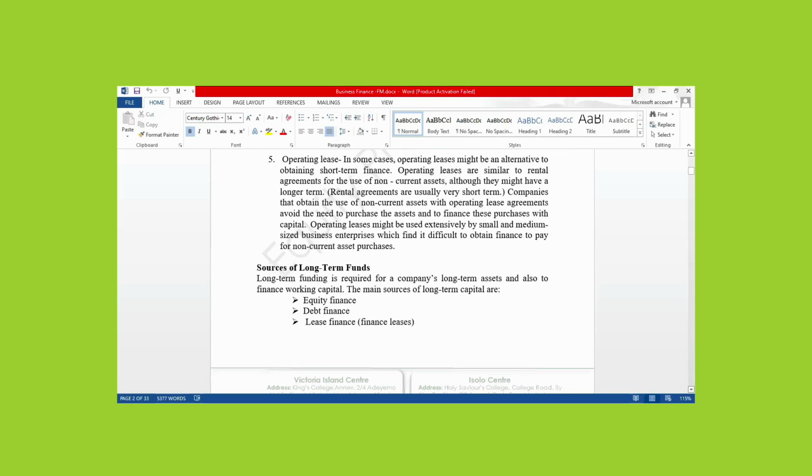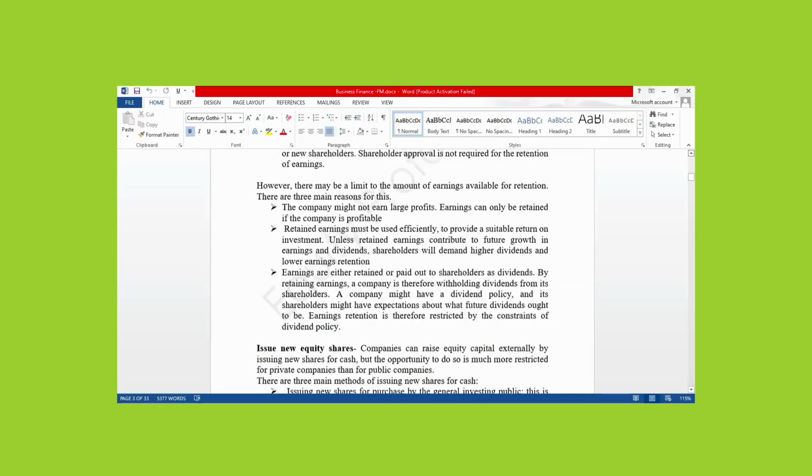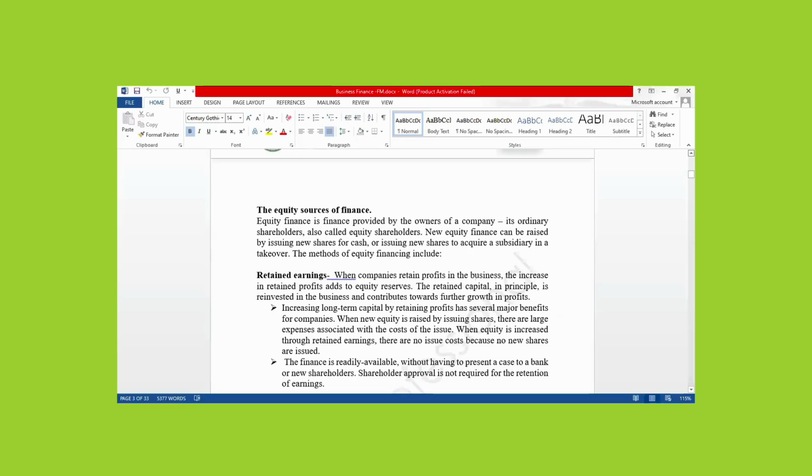Finance contributed to the business by the owners of the business. Who are the owners of the business? The shareholders. So equity finance is money contributed to the business by the shareholders. We equally discuss equity finance sources, which include retained earnings.